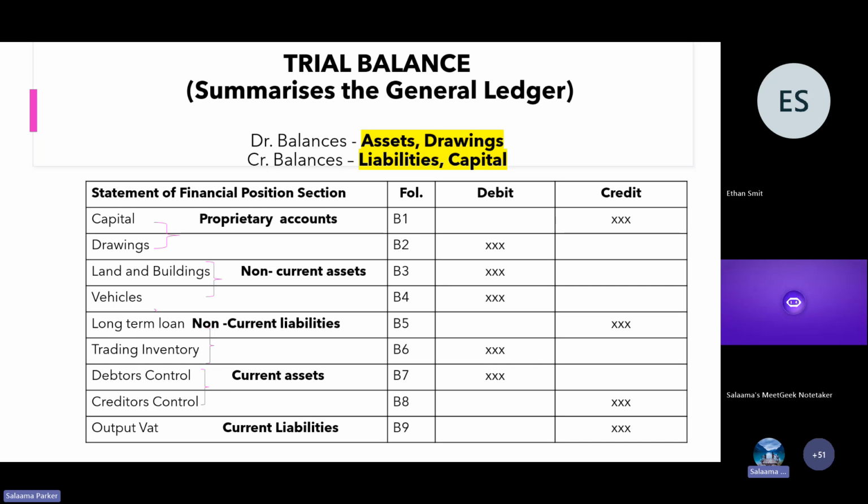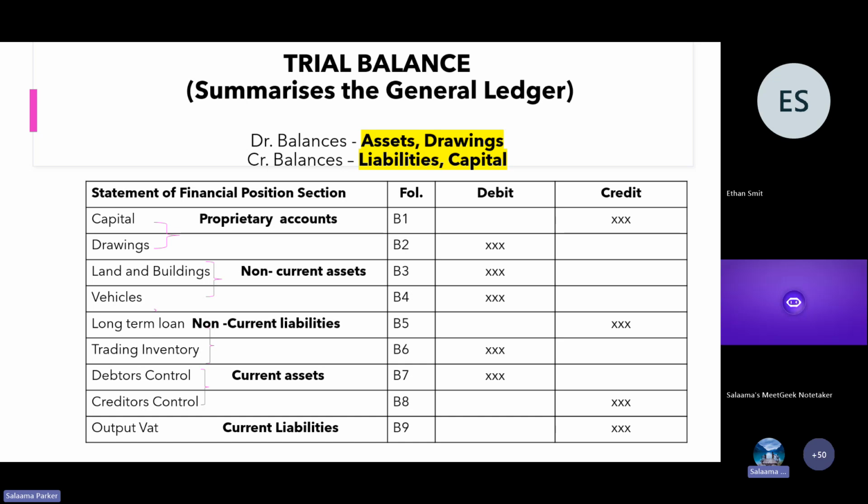So again, what is important that you need to know here, also from Learning Unit 2, is your chart of accounts. If you've seen, I haven't put in all the asset accounts. I haven't included all the liability accounts. So you need to know all those accounts as per your chart of accounts in Learning Unit 2.